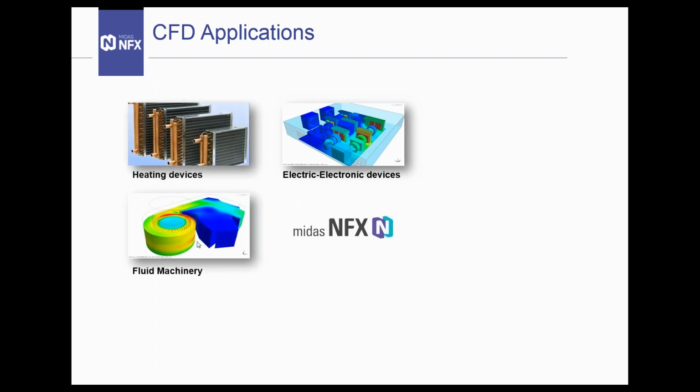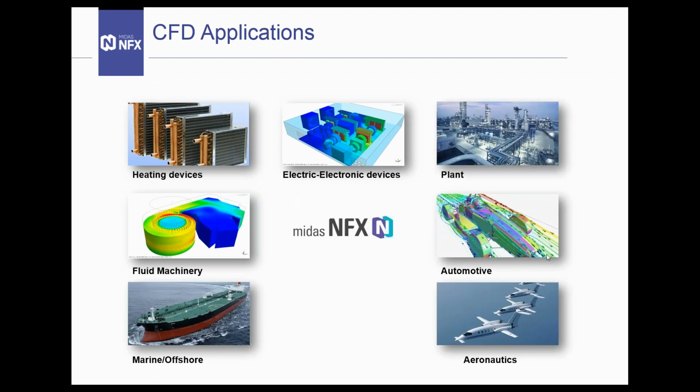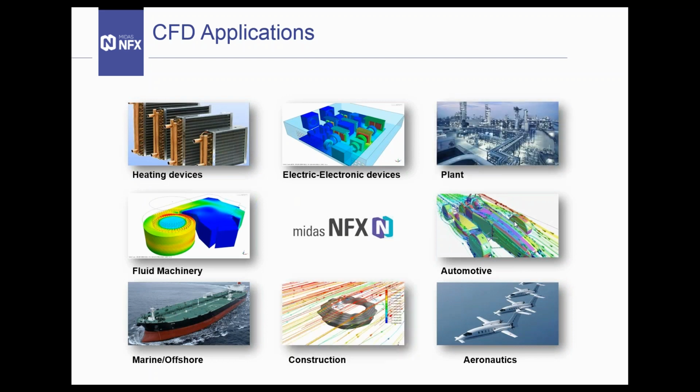In heating devices, fluid machinery, marine offshore, automotive, aeronautics, the plant industry, and construction, for example. I'll give you some examples of each of these areas, and also describe why it is very useful to use flow dynamic analysis to solve such problems.